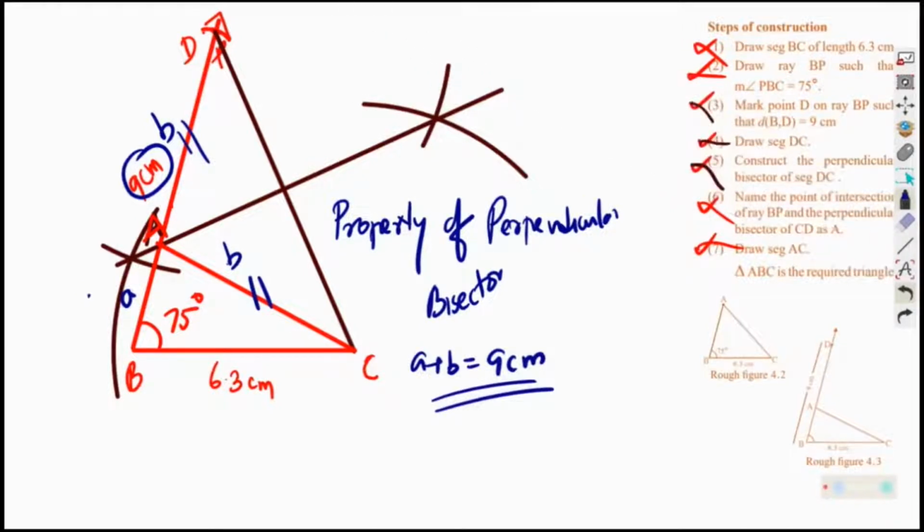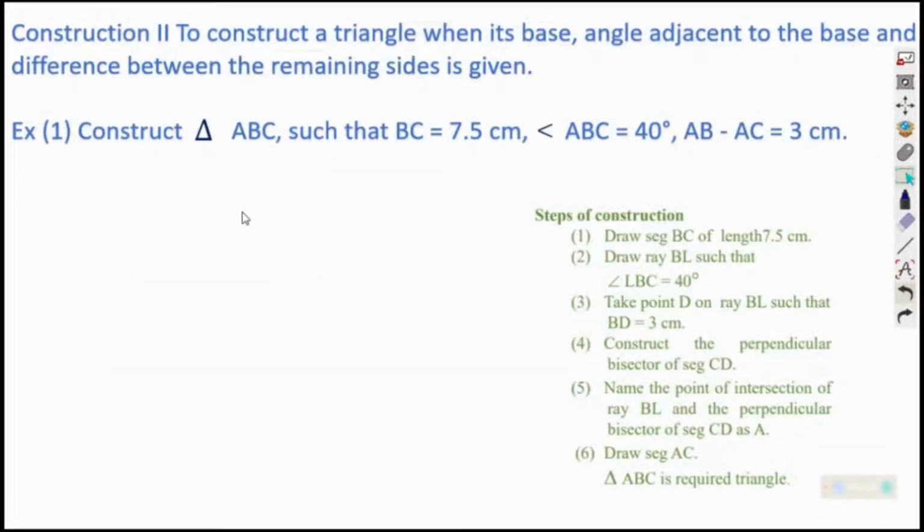Okay. We will move ahead for another type of construction now. The next type of construction is to construct a triangle when the base, again base, the angle adjacent to the base, and the difference between the remaining sides, that is the most important thing, are given.